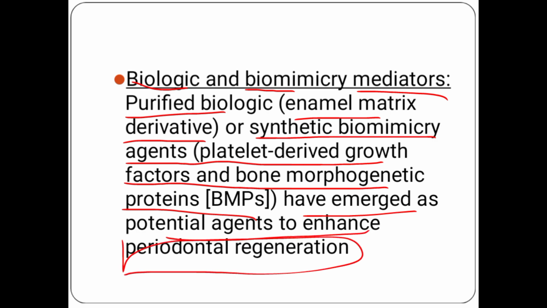Mediators such as cytokines, interleukins and metalloproteins all help in periodontal regeneration.